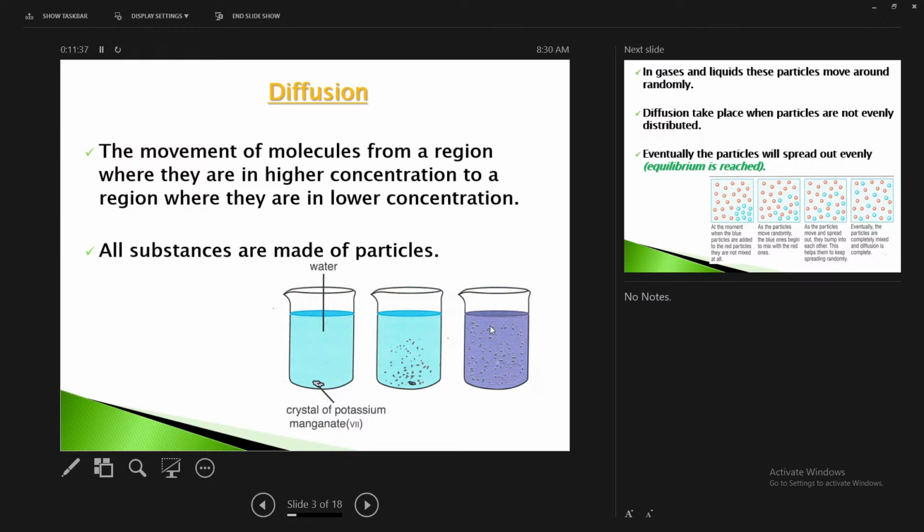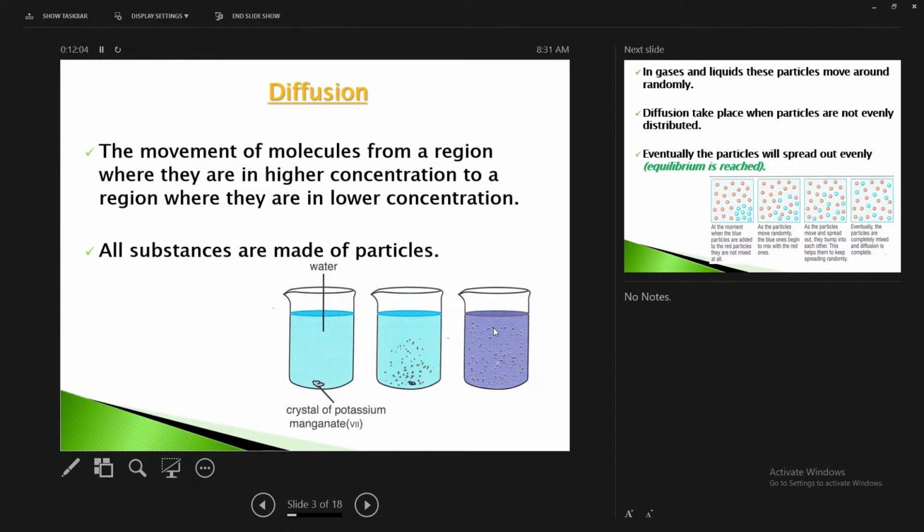The entire glass of water has a purplish color evenly, so everything basically looks the same. That is what is known as equilibrium. So equilibrium means that in the end all of the water has basically the same color. If you look to the right side and look to the left side, you realize that they are the same in terms of the color shade.